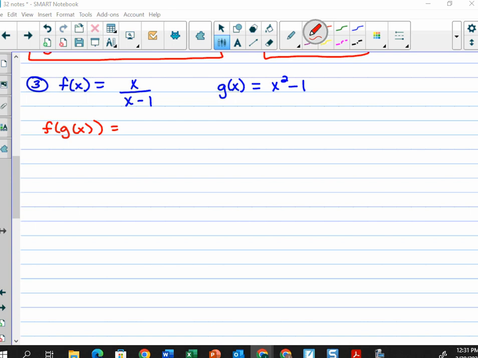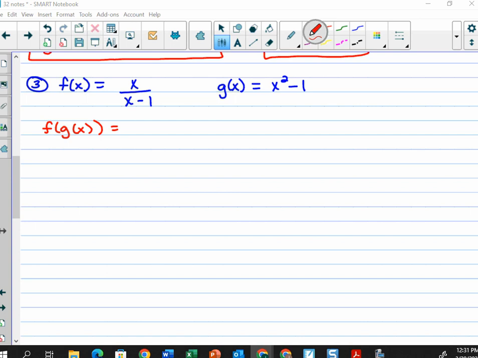You've got to do the composition. x squared minus 1.